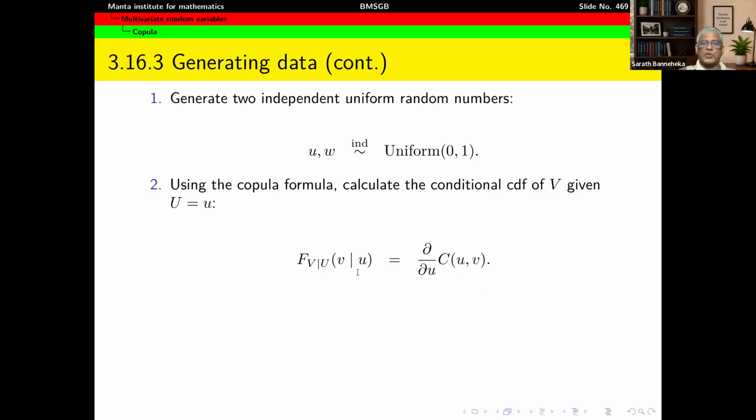We can actually prove that this conditional CDF of V given U is equal to the first derivative of C with respect to the first argument here. I have the proof here, but I'm going to omit it because it's going to take some time.